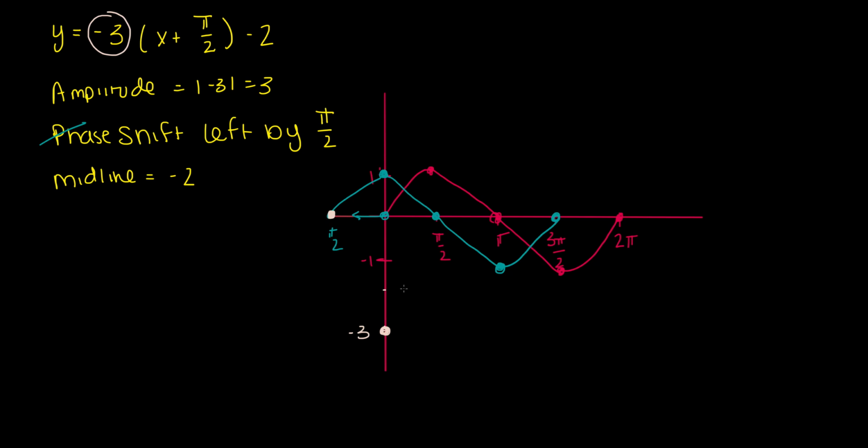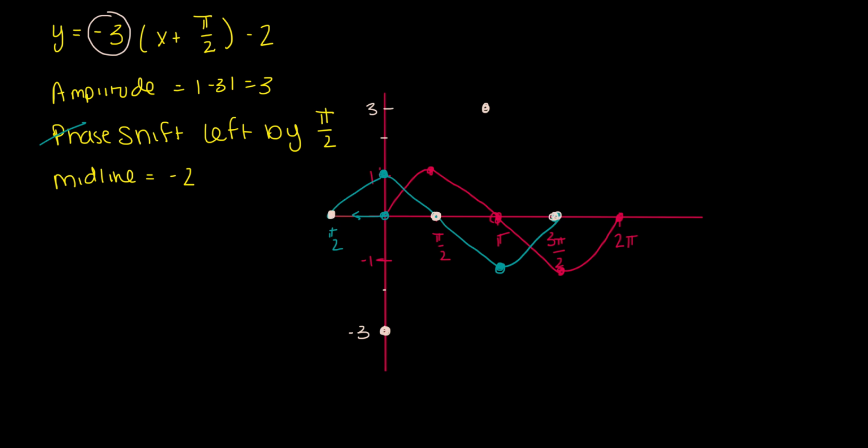And see, now we've just built that reflection into our graph. 0 times -3 is 0. -1 times -3 is going to be 3. 0 times -3 is 0.